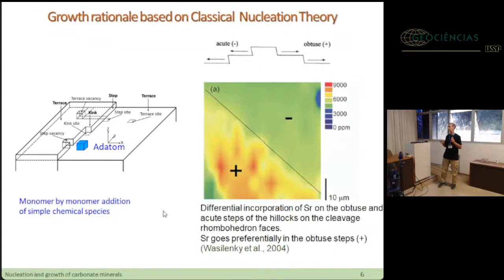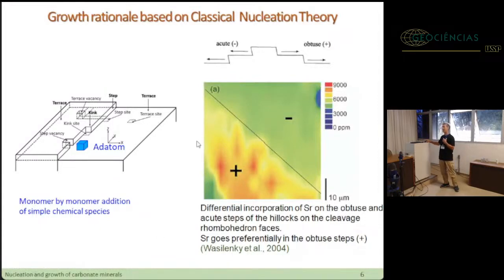And talking about nucleation, there are two broad types of theory. The classic nucleation theory is addition, monomer by monomer, ion by ion, so a calcium ion and a carbonate ion attach to the growing crystal from solution. This is typical of columnar crystals.